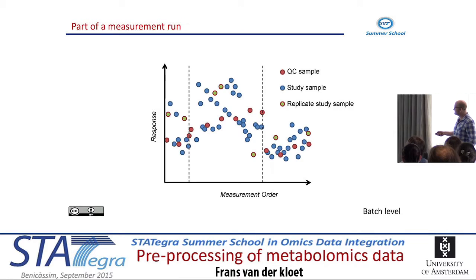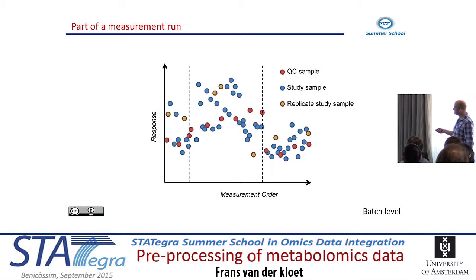This is the measurement order, and this is the response. I included my quality control samples, and I see from batch to batch, and a batch usually consists of 150 samples, because that's how much can be prepared in one go. Sometimes it's less, sometimes much less, sometimes more, but 150 already is a lot.